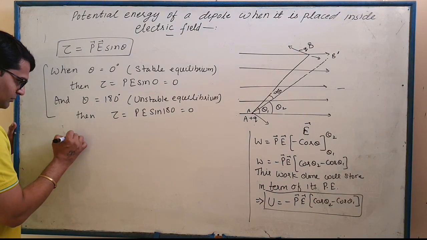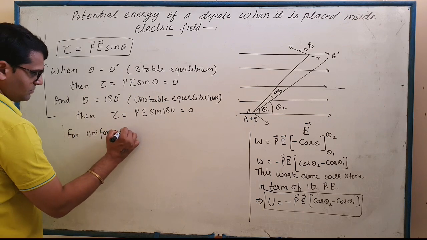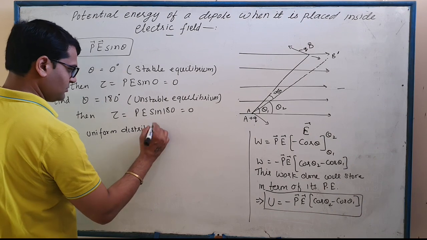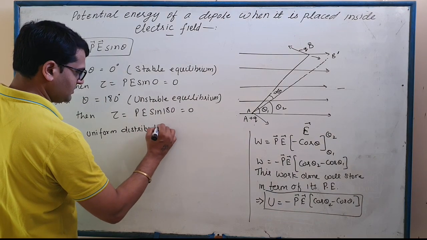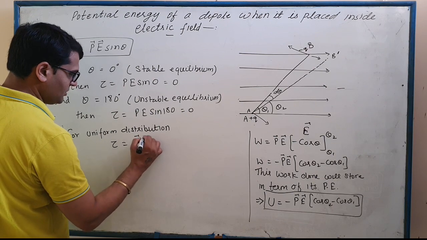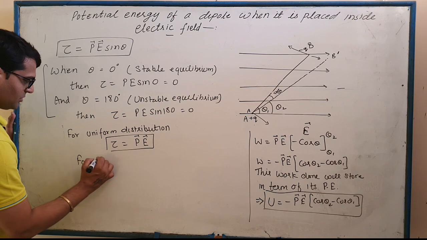For uniform distribution, torque is given by P into E, right? But what about non-uniform?